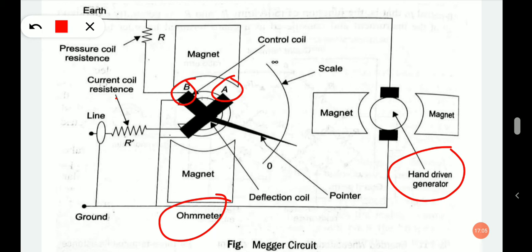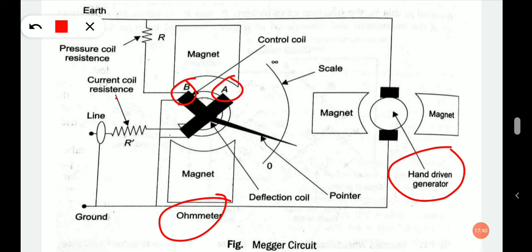Hence, the movement of the entire moving element is controlled by coil B, which attains a position such that the pointer moves in a counterclockwise direction and indicates infinity on the scale. On the other hand, when the test terminals are short-circuited, a current starts flowing through coil A, which in turn generates a clockwise torque to overcome the torque generated by coil B. Now the pointer moves in clockwise direction and indicates 0.